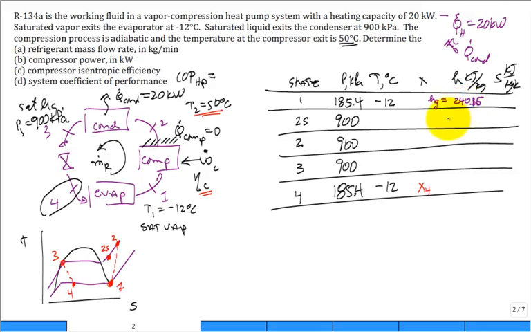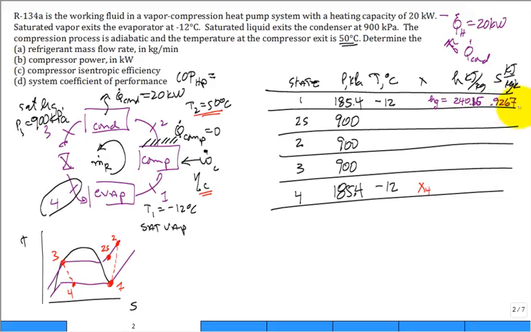If you can't find 240.15, then raise your hand and say, help me a little bit. Where did I find that? That's h_g at a temperature of negative 12 for refrigerant 134a. Then likewise, s_g, 0.9267. Those are straight out of the tables.